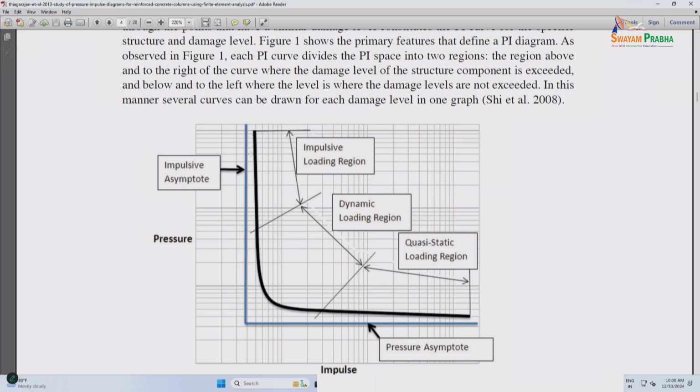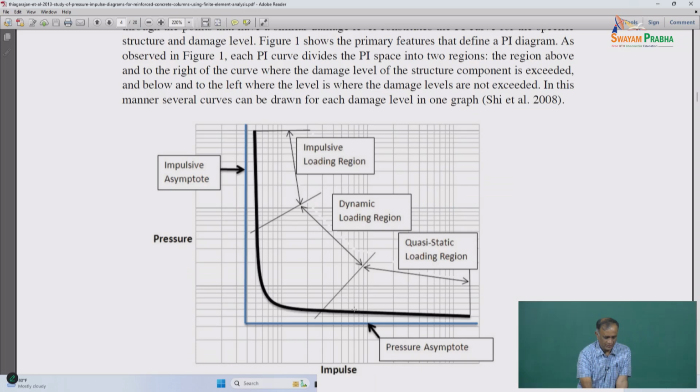The expressions that we saw today, you can take the analytical expressions and come up with those. In today's first example that we solved, you can use delta equations there, right? There you don't need to do any more analysis. Quickly run through a variety of PRs and IRs and you can get deflections. So you will be able to get points in the impulsive and quasi-static loading regions. But to get this region is a challenge.